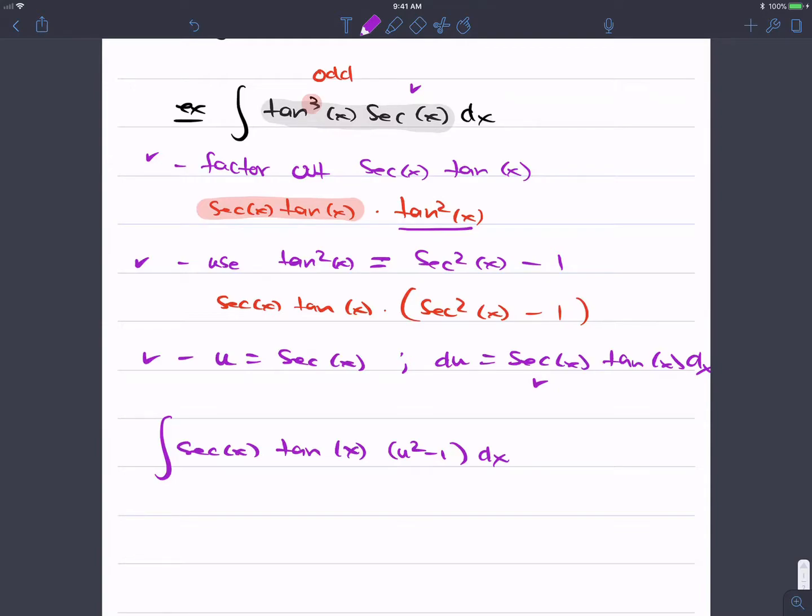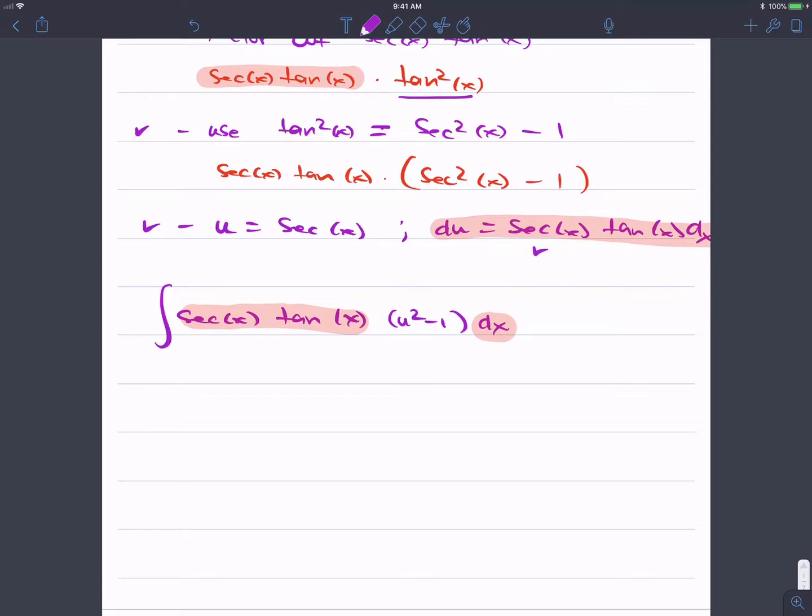Now, the whole reason we let u be secant is so we can get our nice du over here. Here's the du. It is secant tangent dx. So here's my factor of secant tangent. Here's my dx. I get to replace these terms with simply du. So I have the integral of u squared minus 1 du. So together, these are my du.